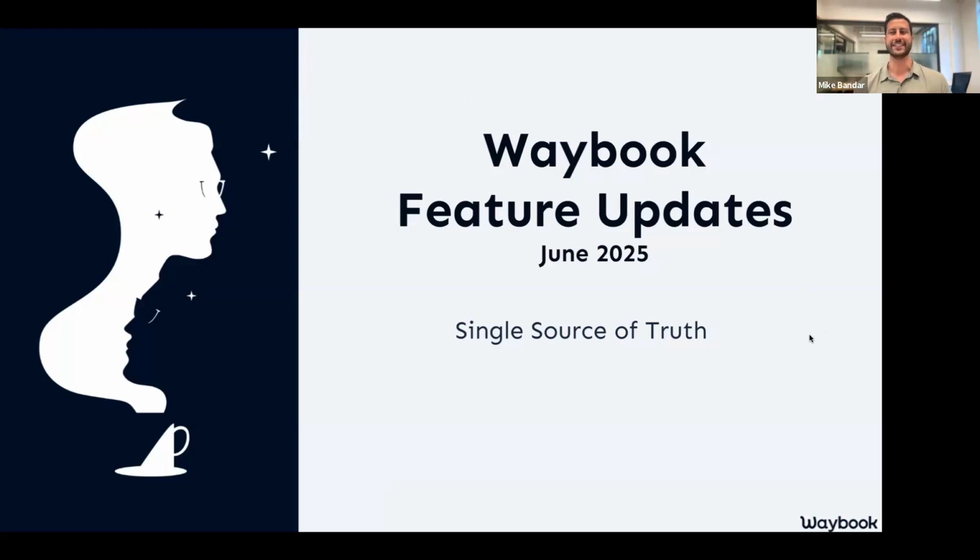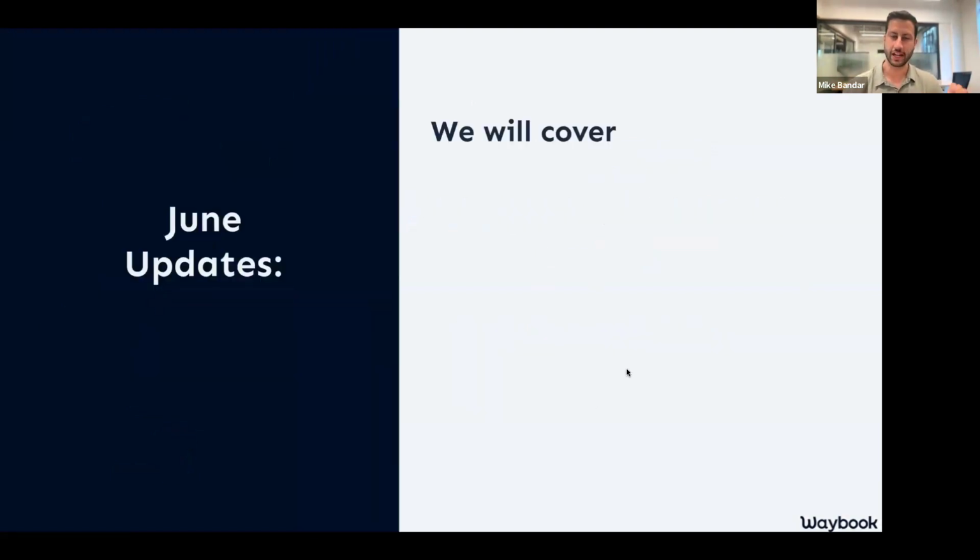So, in today's session, we're going to be running through the feature updates which have been released in June and give you a little bit of a sense of what's coming up literally in the next couple of days and, of course, over the next few weeks and months. We're going to be covering the core updates of how we can update our team profile details, what that is, where they live. We've made some amendments to Waybook Shots.